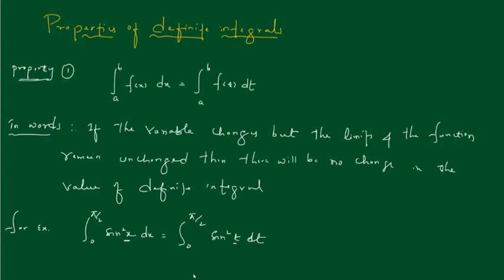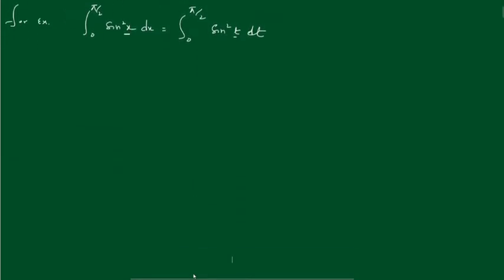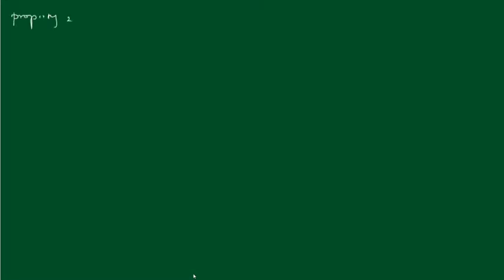Next, property number 2. The second property is integration a to b f of x dx, which is equal to minus of integration b to a f of x dx.